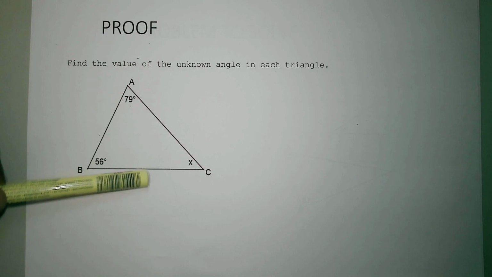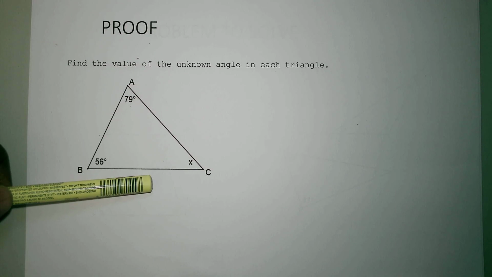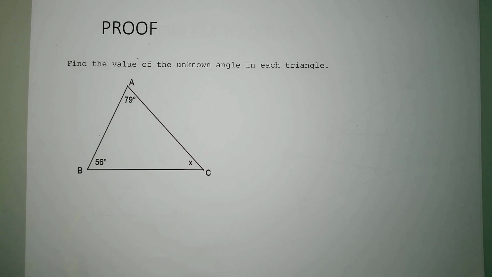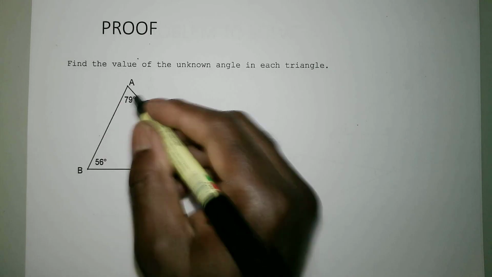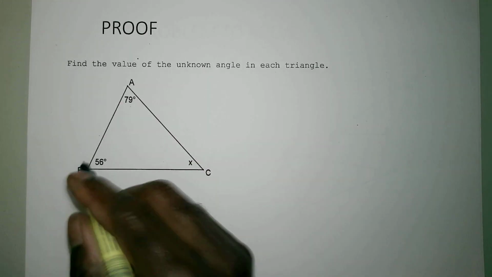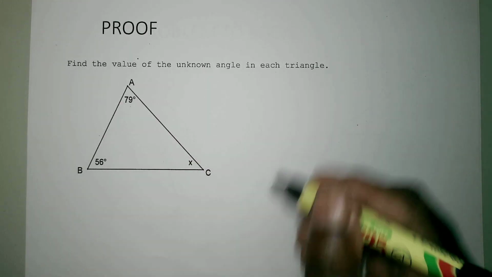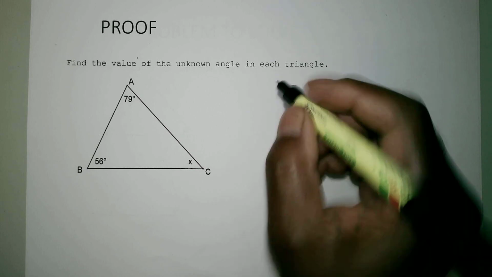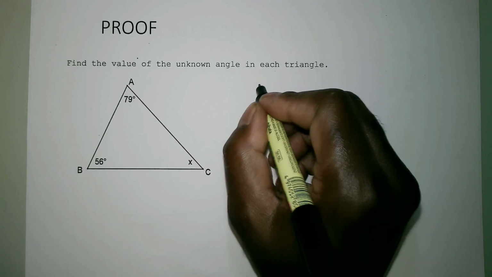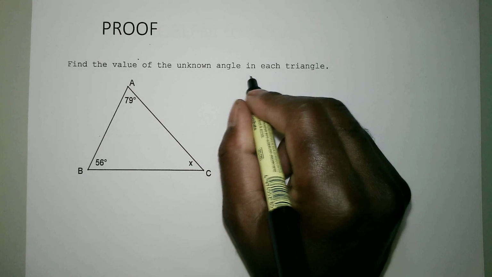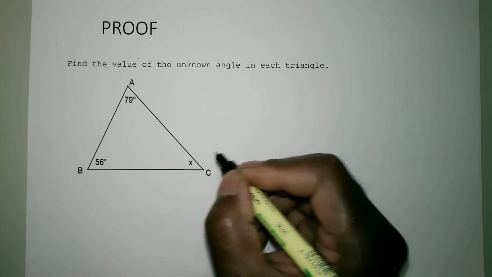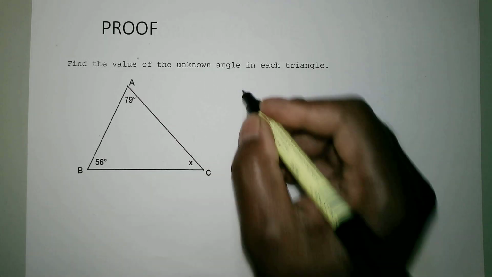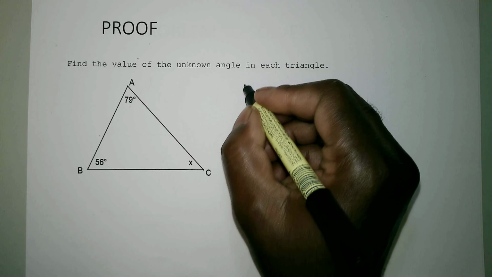This is an exercise that we want to do. Angle A is given as 79 degrees, angle B is given as 56 degrees, and angle C is X. So we want to find the value of the unknown angle. This is the unknown angle. What we know is that the sum of angles of any triangle is 180 degrees.